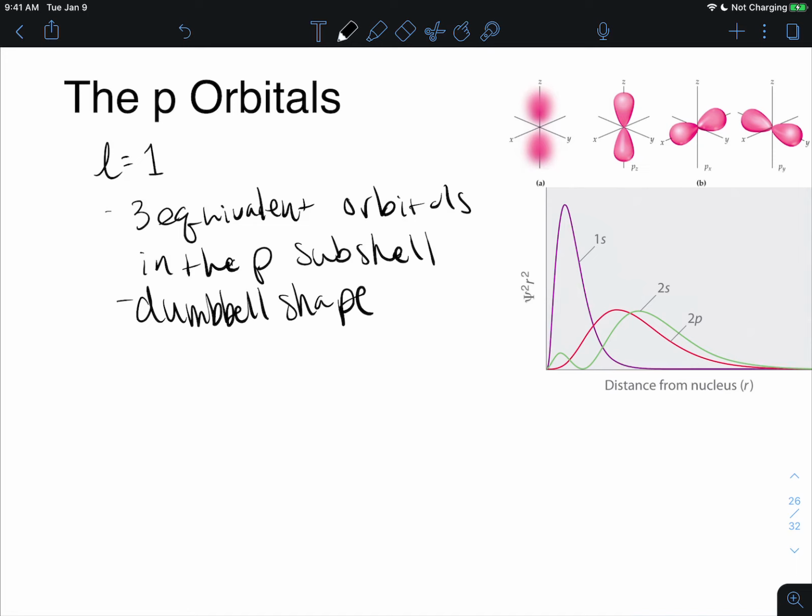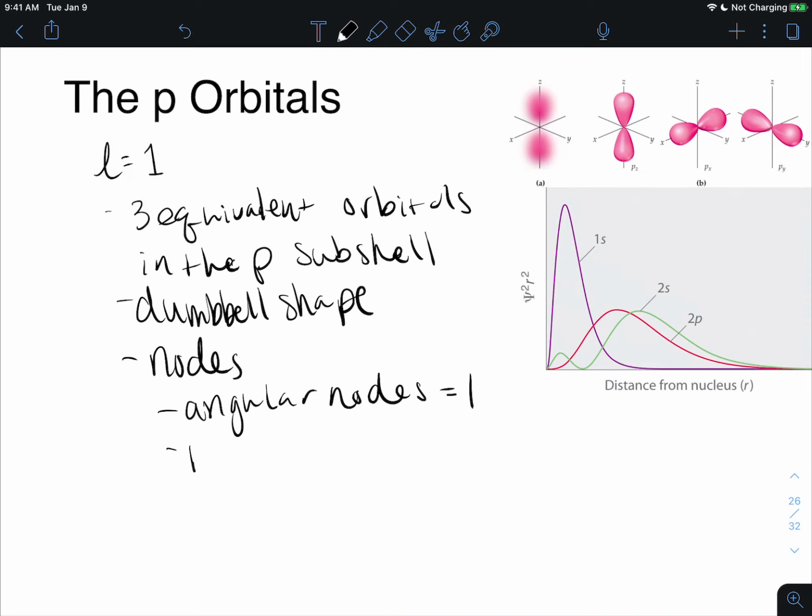Okay. There are two types of nodes within our p orbital. So we do have angular nodes within here. Our angular nodes are going to be equal to 1 in a p orbital.